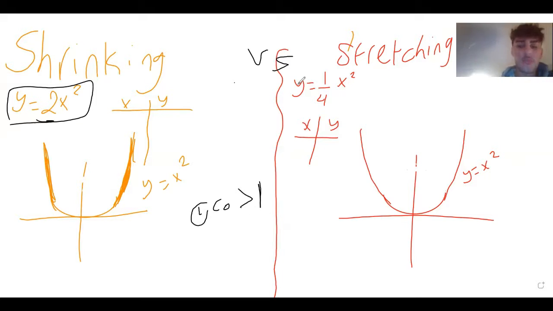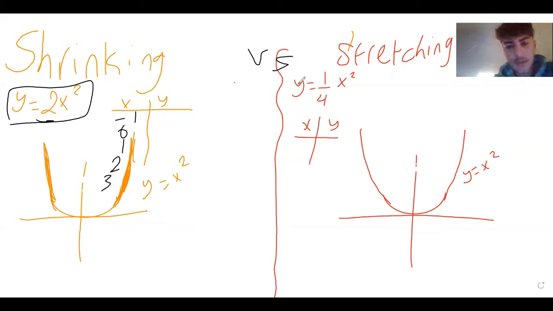So let's plot the points and see how our graph is going to look. I usually use the classic 5 points: -1, 0, 1, 2, and 3 to graph my points.